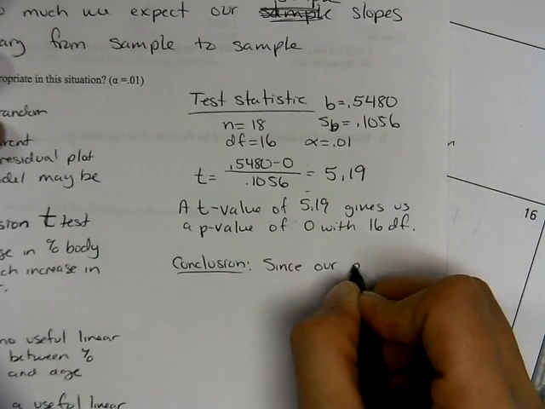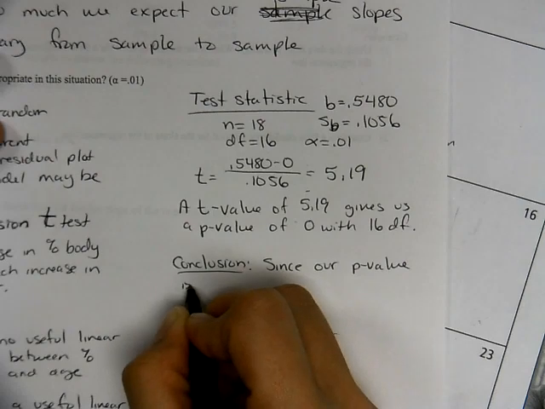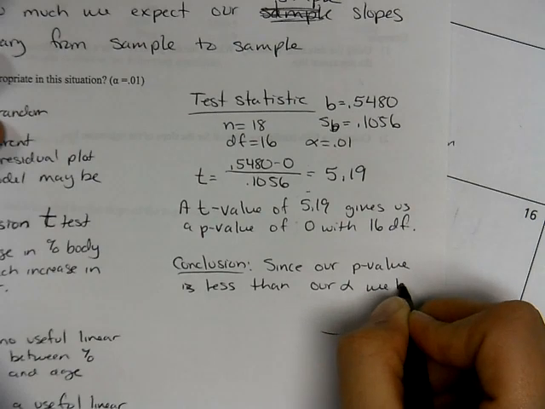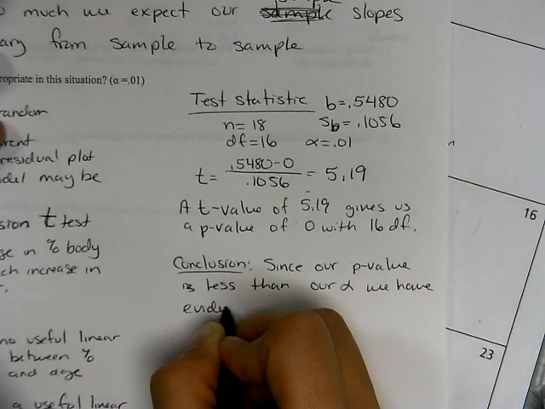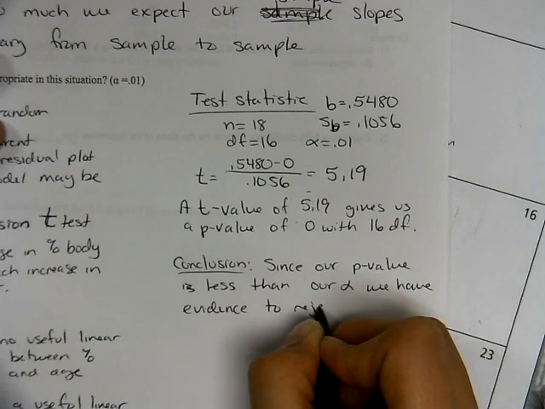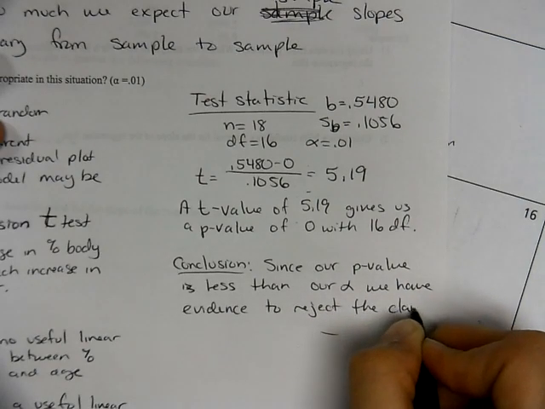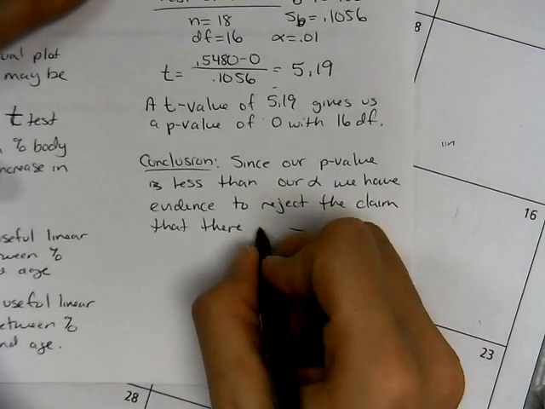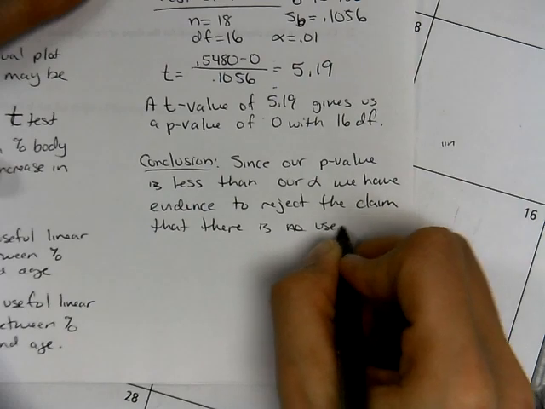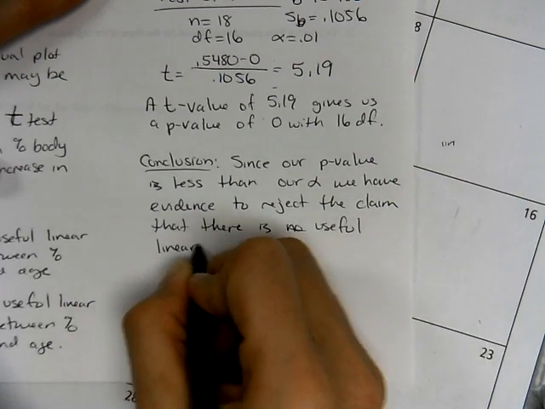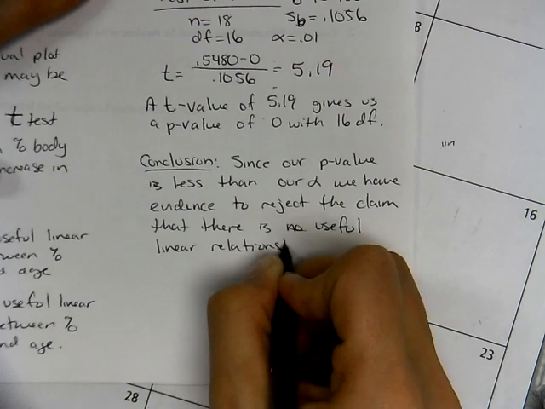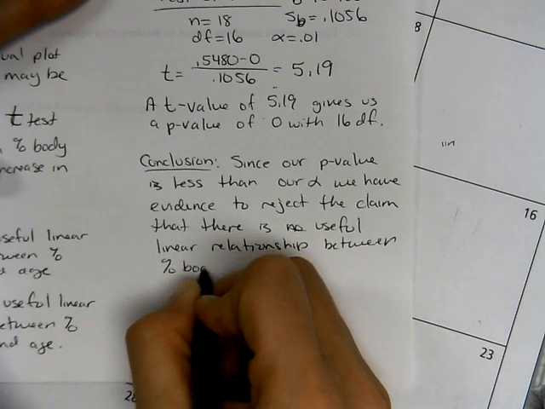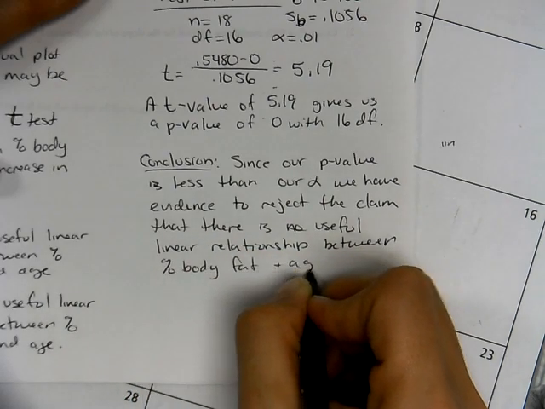Since our p-value is less than our alpha, we have evidence to reject the claim that there is no useful linear relationship between percent body fat and age.